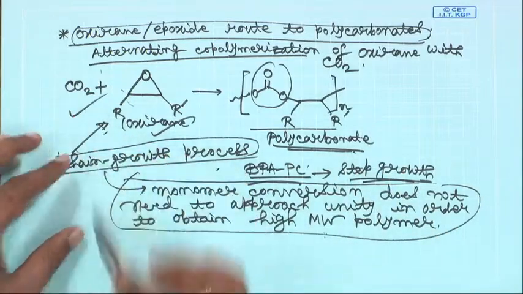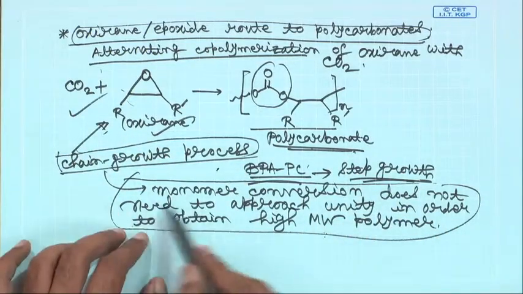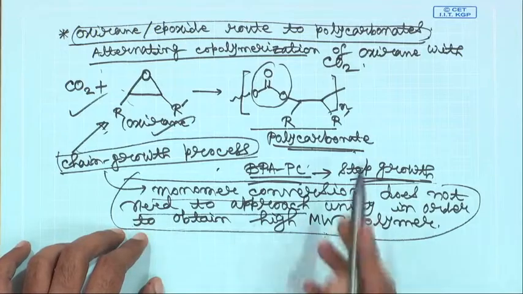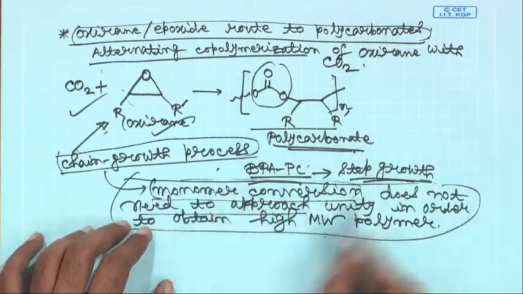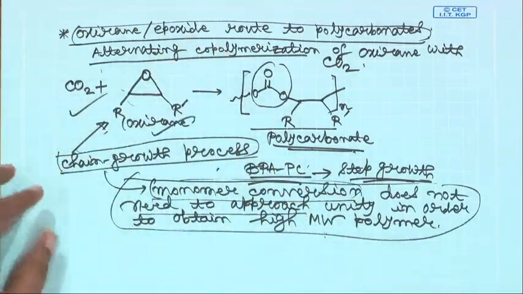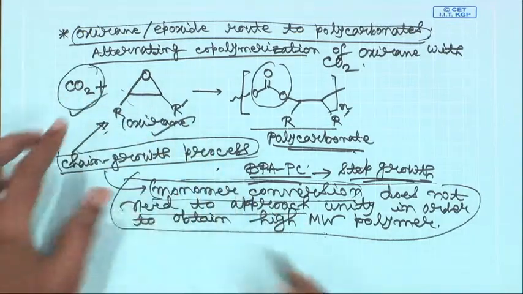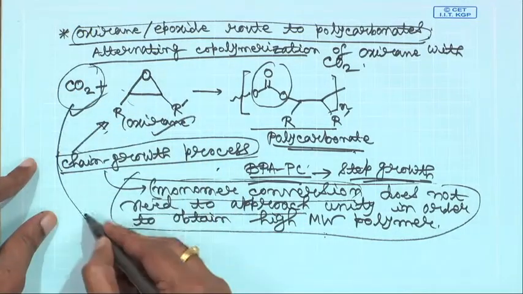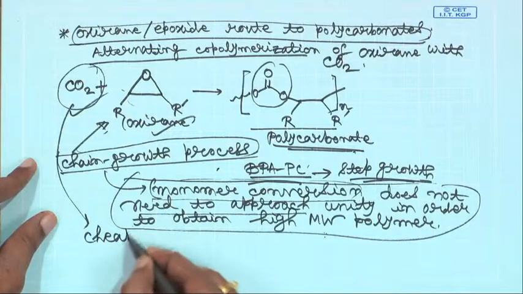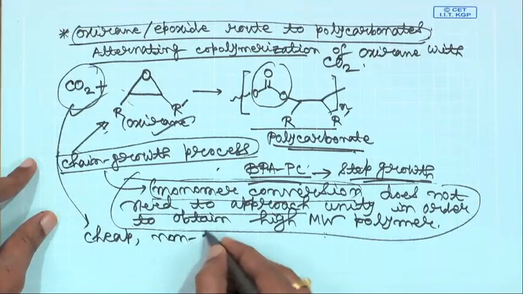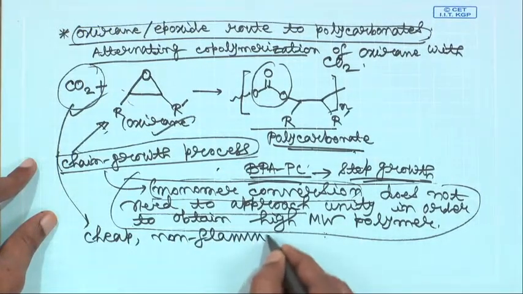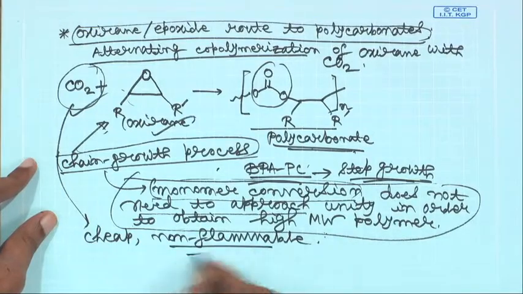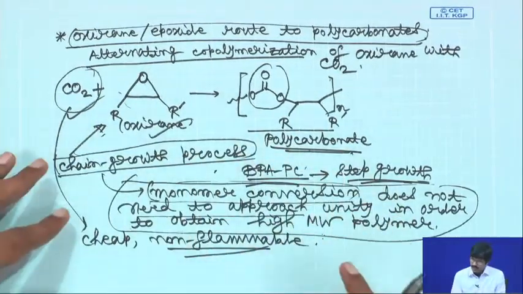But in this case the molecular weight develops quite fast, and your monomer conversion does not need to be close to 100%, and still you will get a high molecular weight product. Also, the monomer carbon dioxide is readily available, cheap, and non-flammable. So, this process also avoids hazardous phosgene.